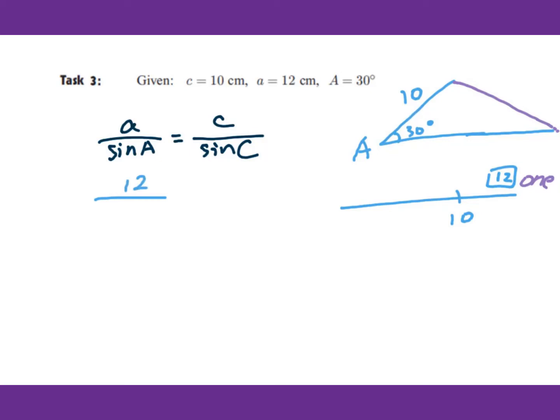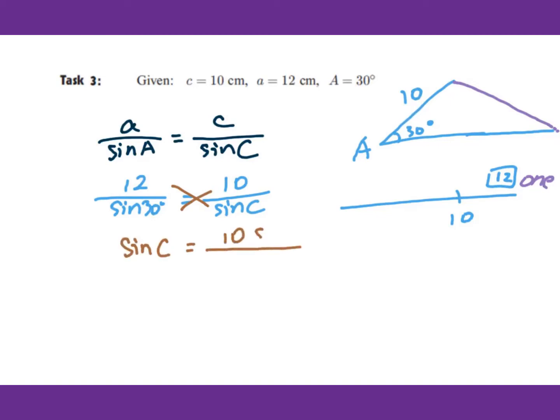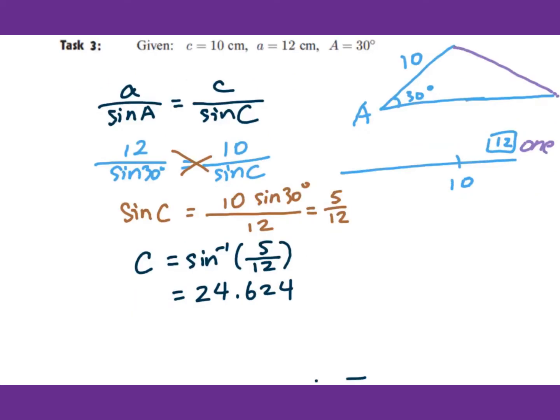We got the 12 over sine 30 equals 10 over sine C. Cross multiply. We got sine C equals 10 sine 30 degree over 12. We got 5 over 12. Therefore, C equals inverse sine of 5 over 12. We got C equals 24.624 degree.